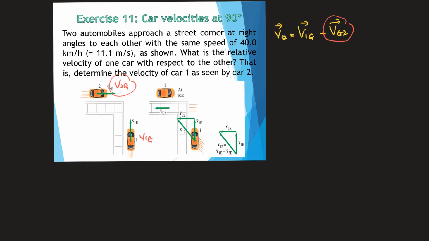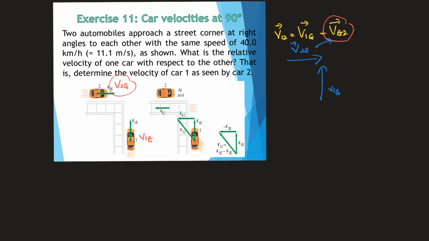The first car is moving like this. This is the v2g. And then there's another car moving like this, which is v1g. Because of this, you need to make it opposite directions, because there's a minus over there. When it comes to the minus, the arrow is going to point in the opposite direction.